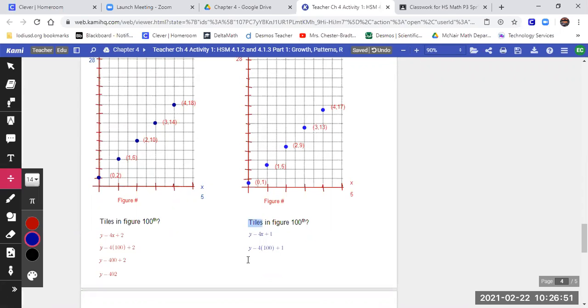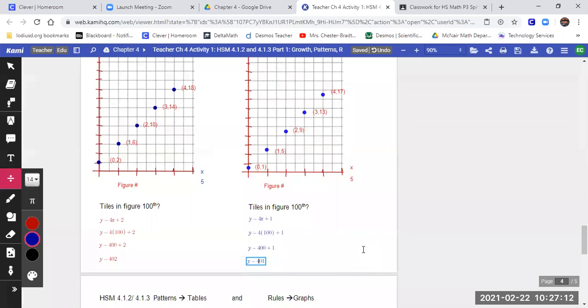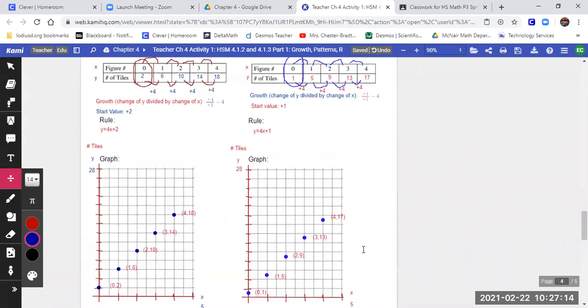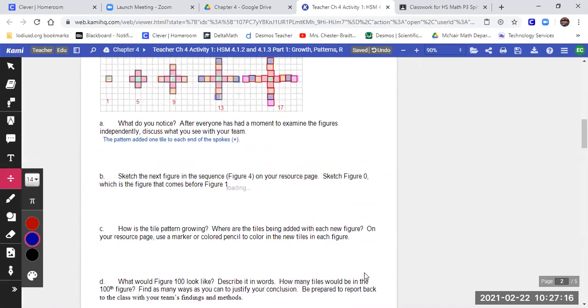How many does this one have in its hundredth? One less, 401, because it started with one less. Okay? All right. So we're taking that 401 back up.